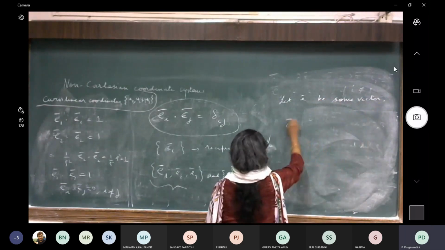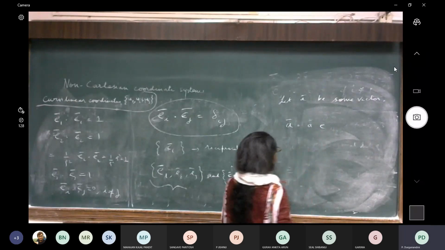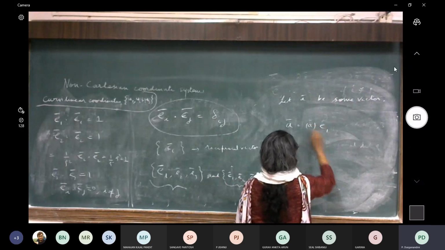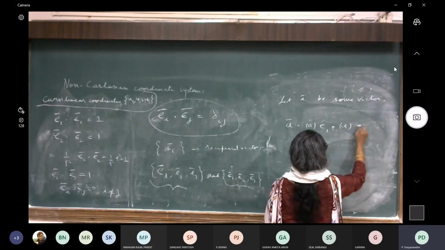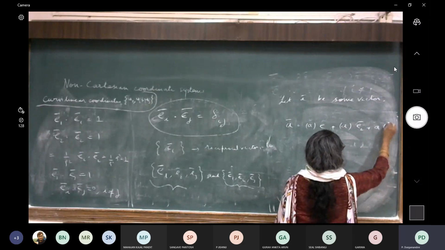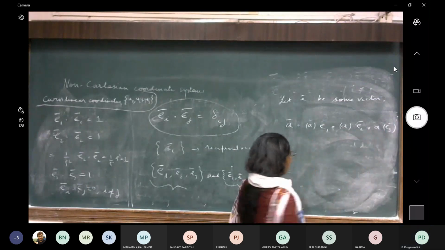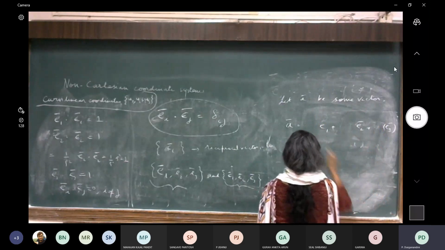Then I can write A as an expansion, and I will write the coefficients in just a little while. For the minute, I will call them C1, C2, C3, and afterwards I will give the notation.